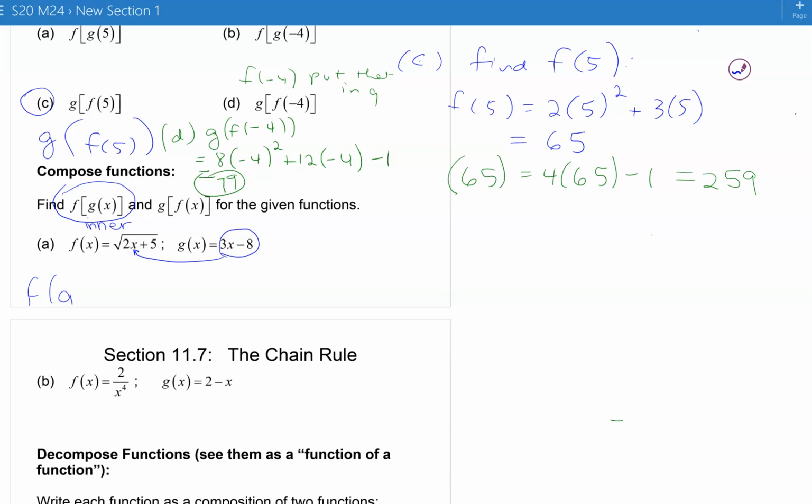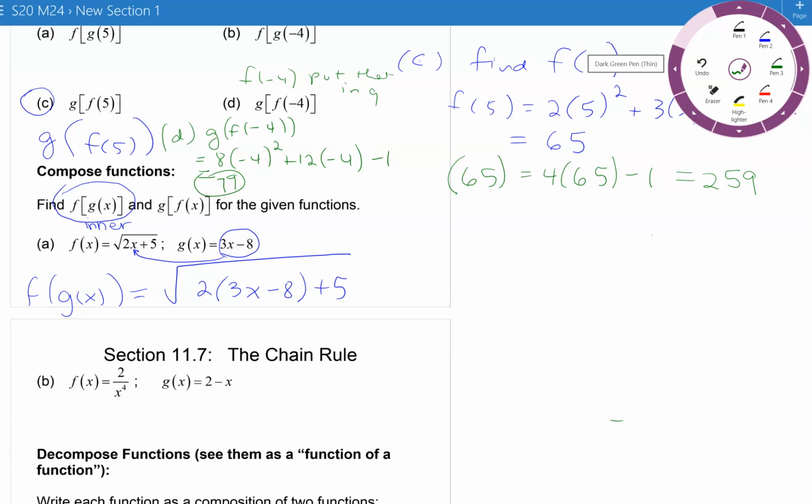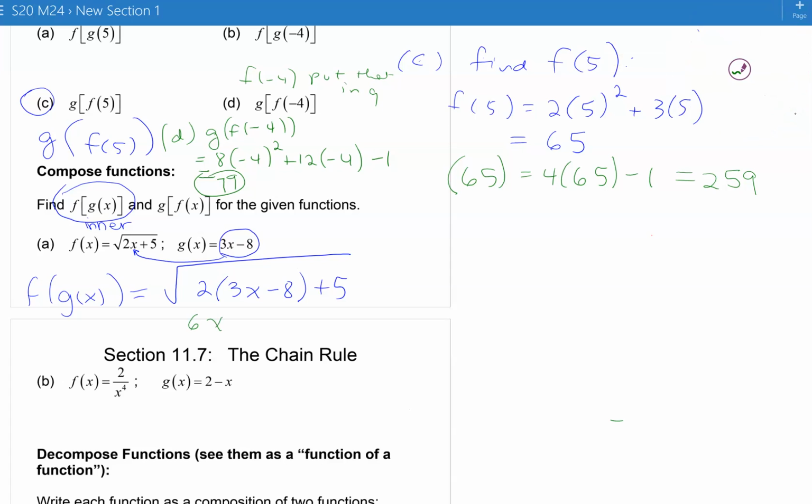So f of g of x equals the square root of 2 times 3x minus 8 plus 5. And you should simplify this because you can. So you'll have 6x minus 16 plus 5 in the square root, which is 6x minus 11 in the square root. So this is f of g of x.